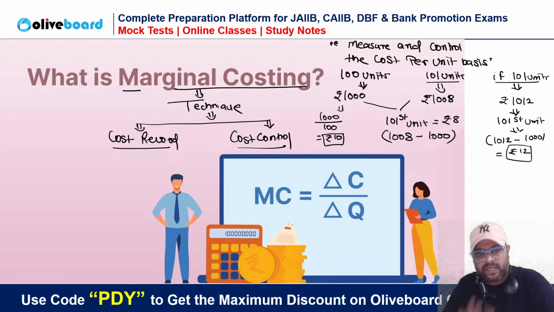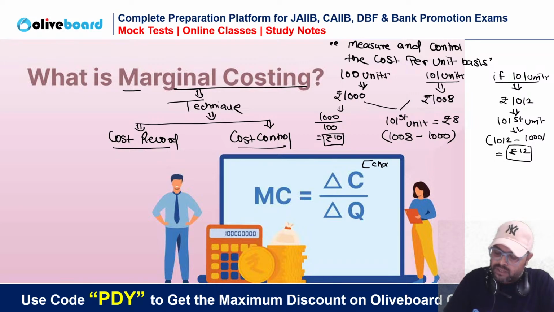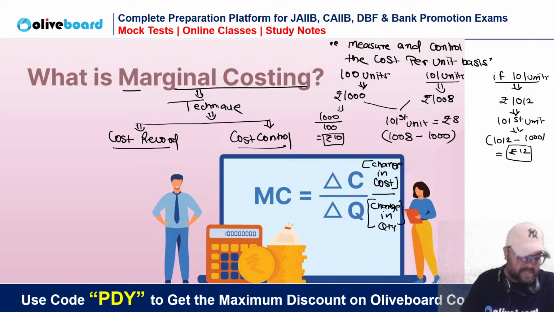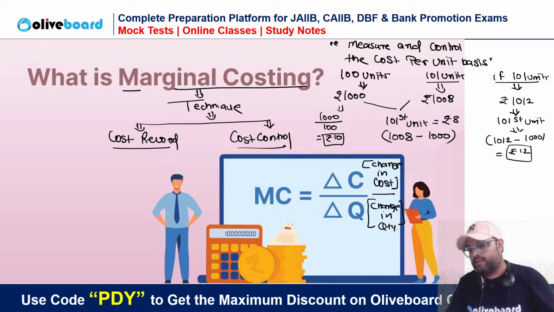The very basic formula for marginal costing is delta C upon delta Q. That means change in cost divided by change in quantity. Let's have an example to understand it better.